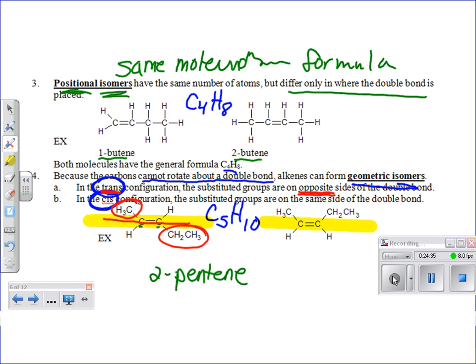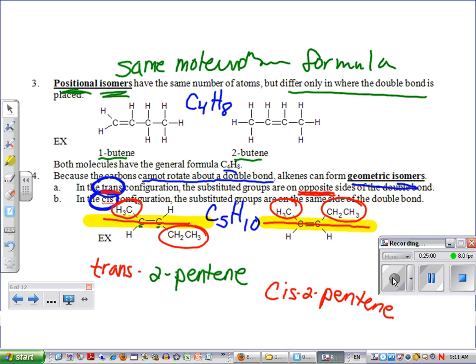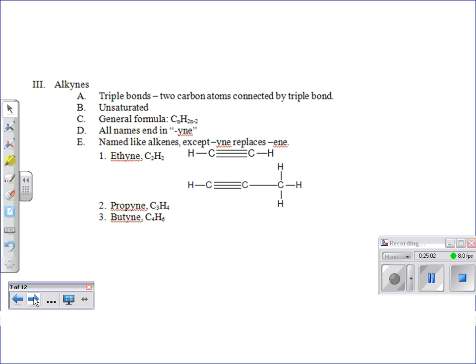So we're going to call this a trans 2-pentene. Whereas in this case, here's our double bond. We've got these guys on the same side of that double bond, so this is going to be a cis 2-pentene.